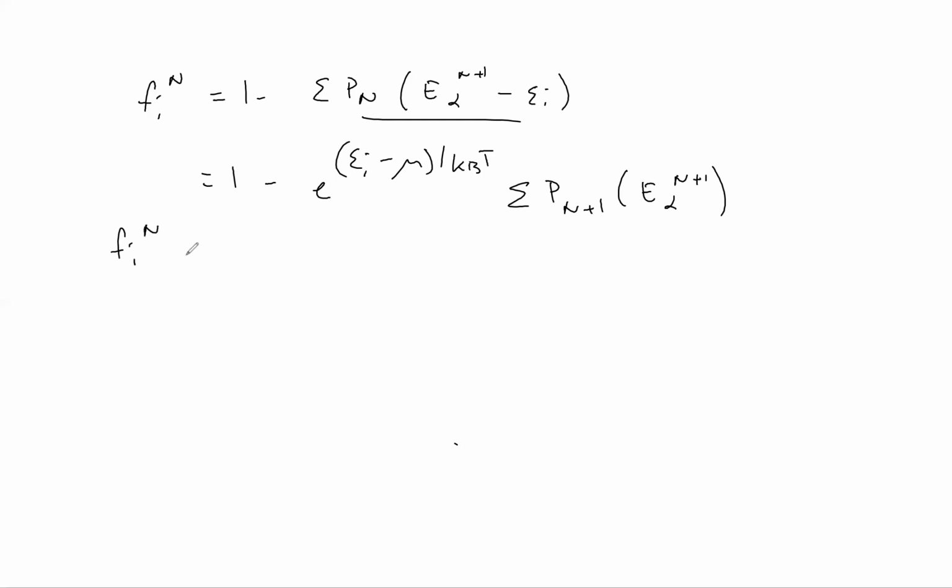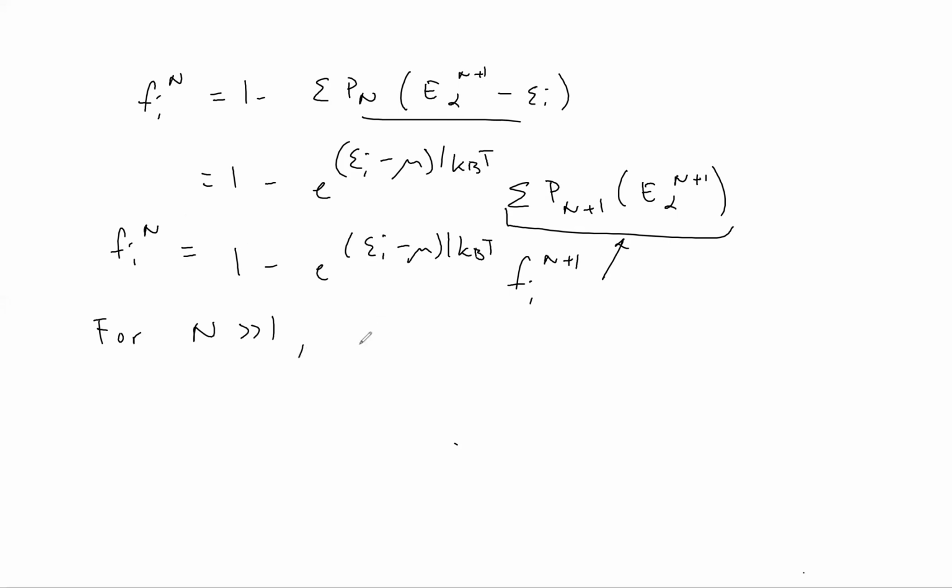All right. Now, we can write this last equation like this, where we've substituted the probability for an n+1 electron system that the level i is occupied for this expression here. And if we're talking about a system with many, many particles, we can assume that the probability that level i is occupied with either n or n+1 particles is approximately the same.